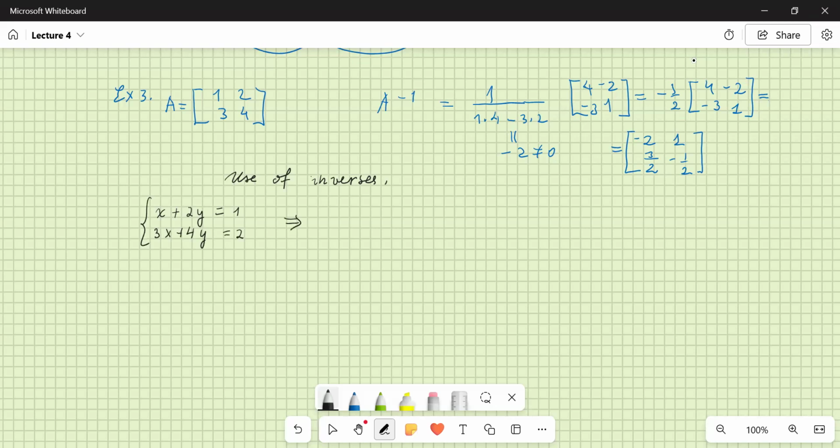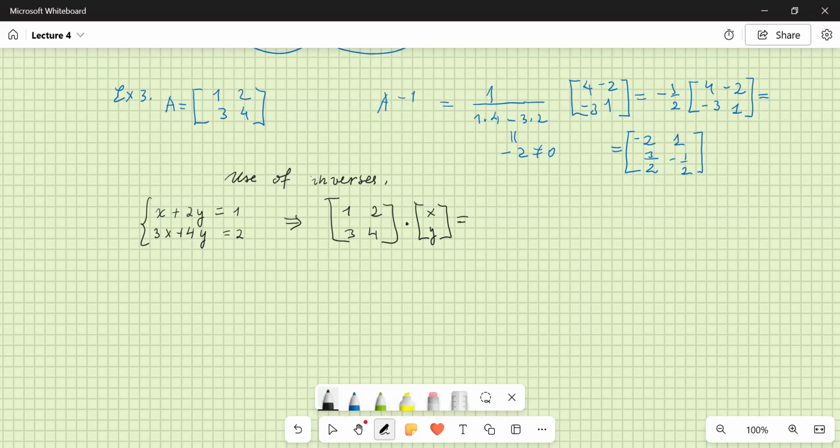First, the matrix of coefficients: 1, then 2, then 3, and 4, right? Then we multiply it by the unknown column x, y. With regular multiplication of this matrix by x, y, we are going to get x plus 2y, it's going to be 1 by x, 2 by y.